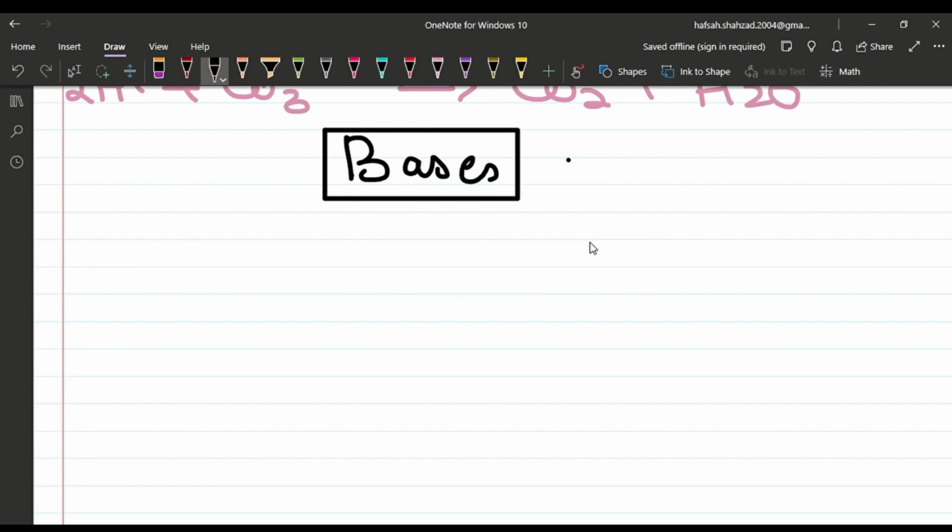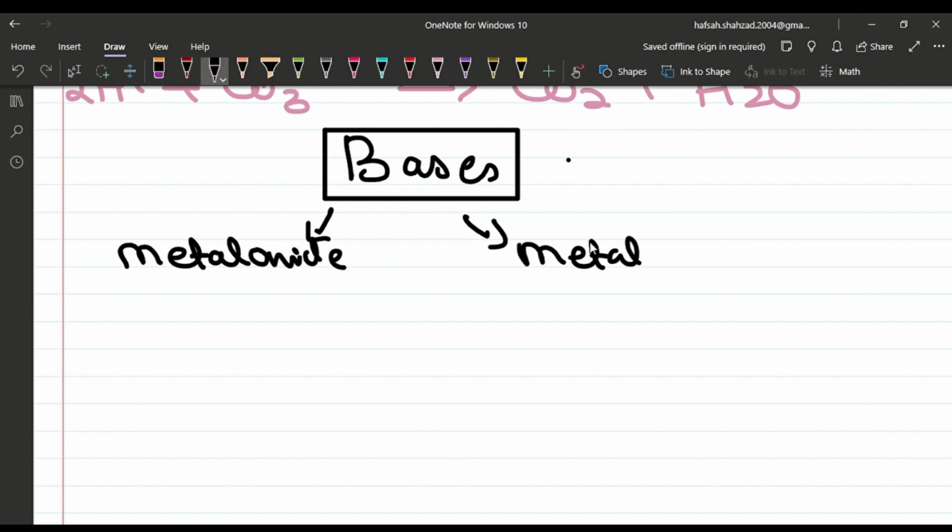So a base can be divided into any substance that is either a metal oxide or a metal hydroxide. Obviously not all metal oxides and not all metal hydroxides would be soluble.